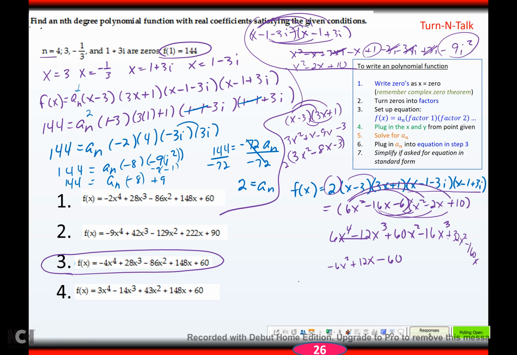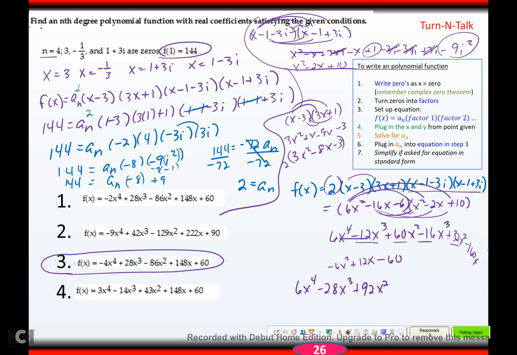That would give me 6x to the 4th minus 28x cubed plus 92x squared.